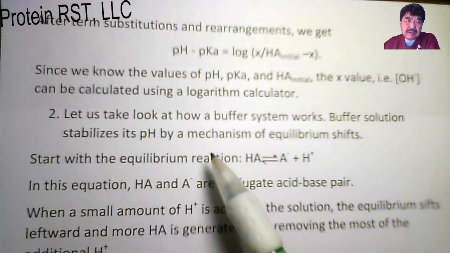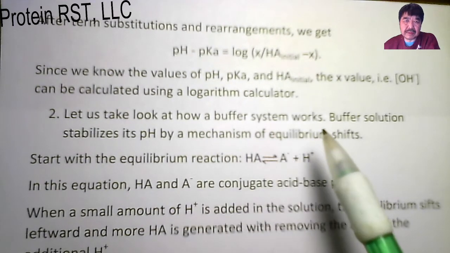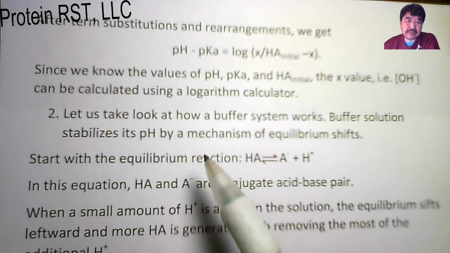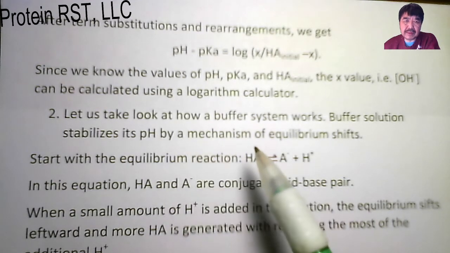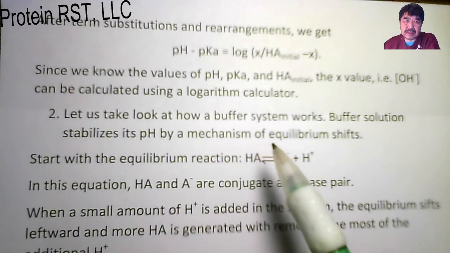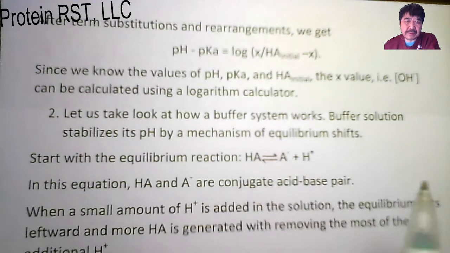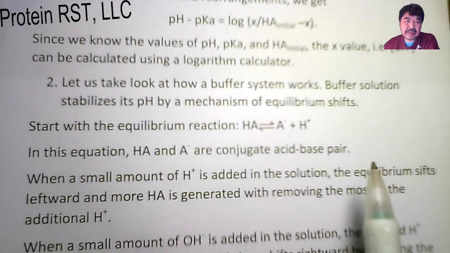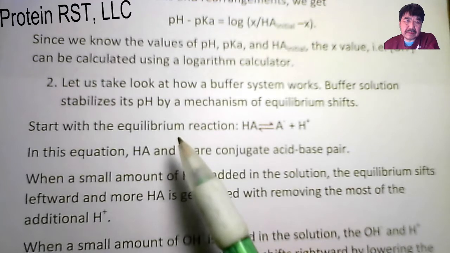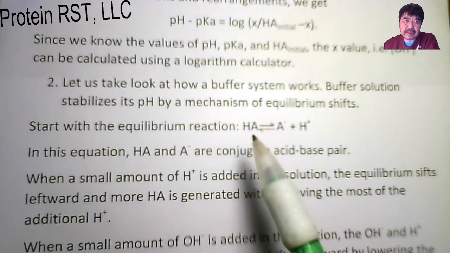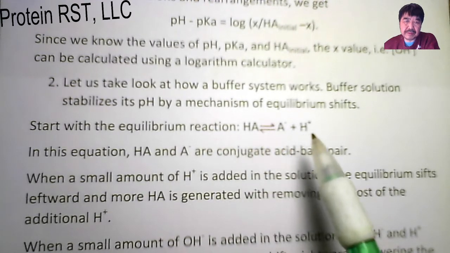Next, let's take a look at how the buffer setting works. The buffer solution stabilizes the pH by a mechanism called the equilibrium shift. Start with the equilibrium reaction. This is the equilibrium equation.